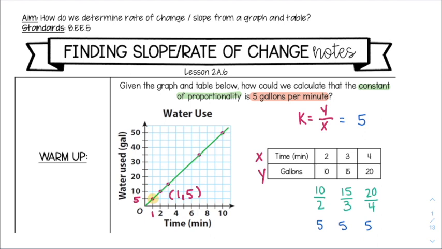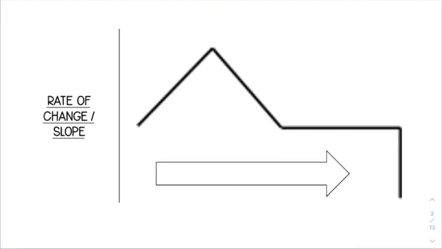So let's move on to the notes. So slope is basically talking about the slant of your straight line on a graph. You're going to see different types of slopes. You're going to see a slope and you're always going to read it from left to right.